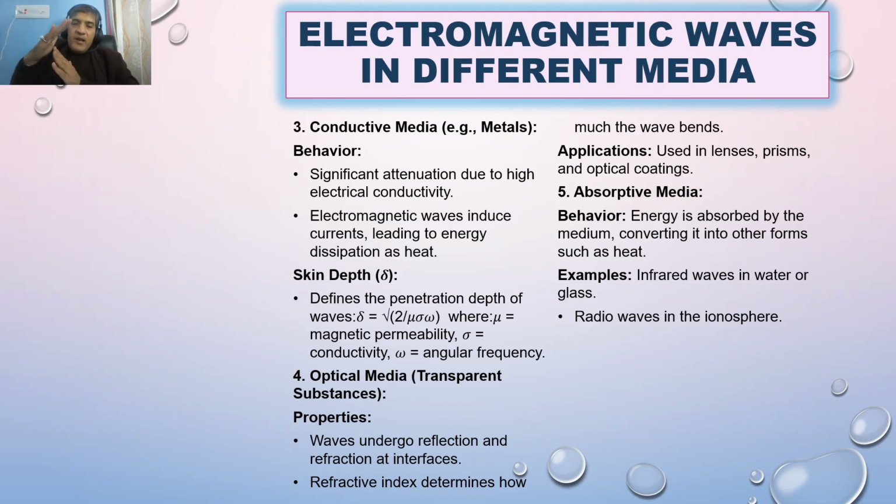The electromagnetic wave has significant attenuation, that is, the magnitude of the electric field decreases as we move more and more inside the particular medium. So the electromagnetic wave induces current, leading to energy dissipation as it moves in the metal medium. It transfers the energy which it carries from outside.